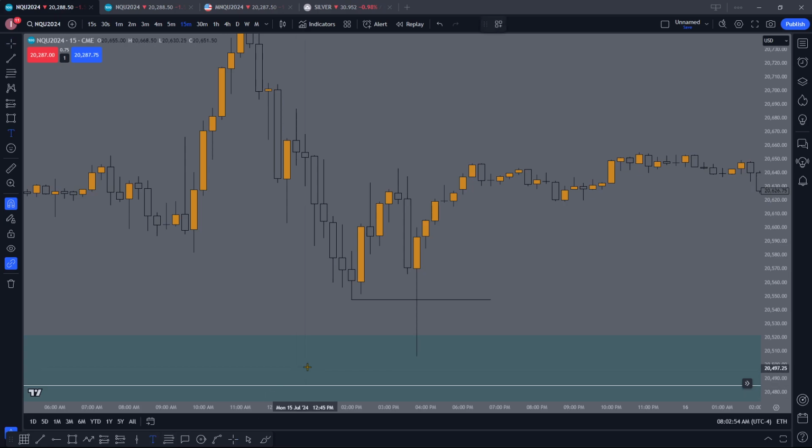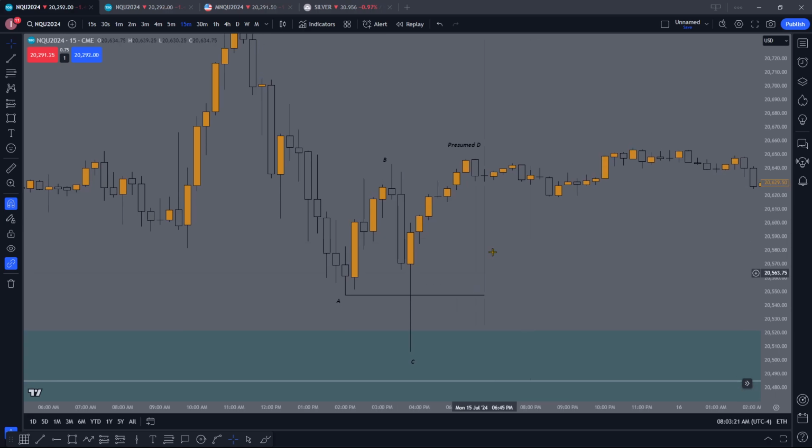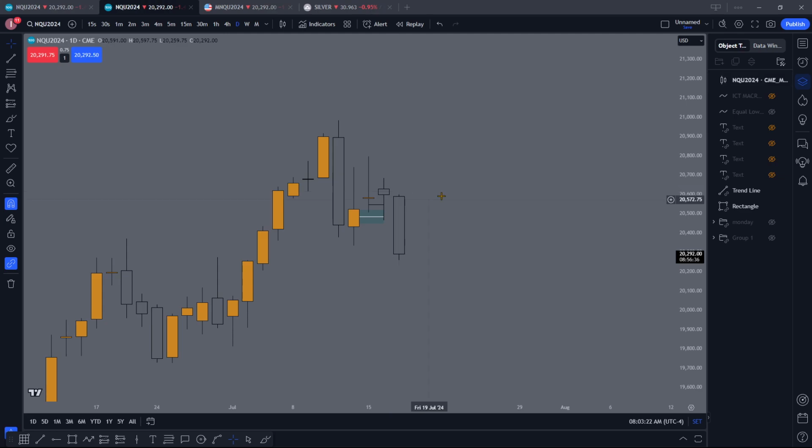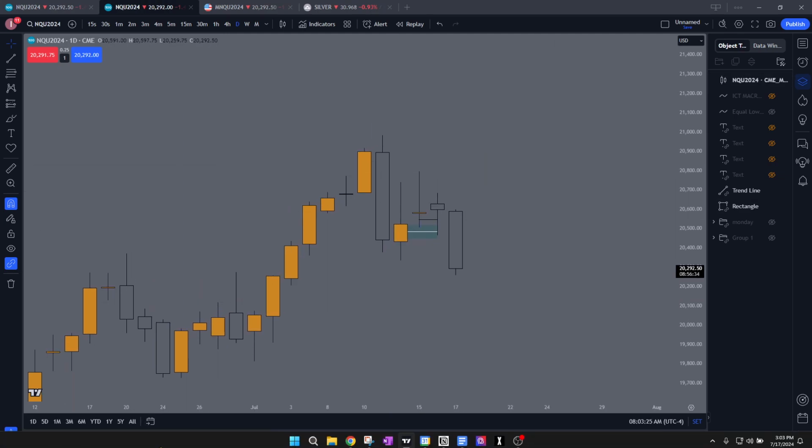Look closer. Compare how this looks to this daily chart.